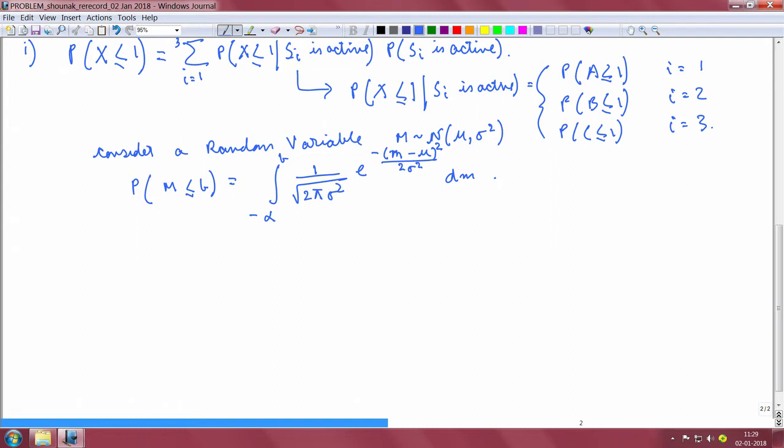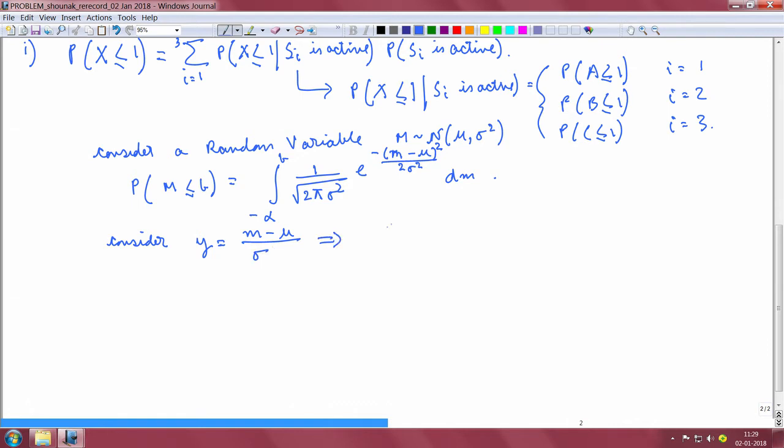We will do a small modification over here to make our life a little easier. Let us consider y equal to m minus mu by sigma. We will do a substitution.